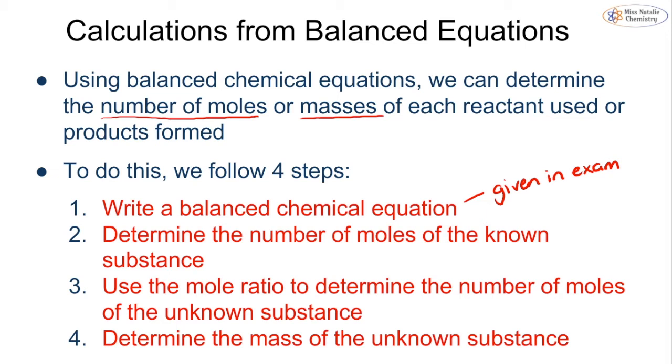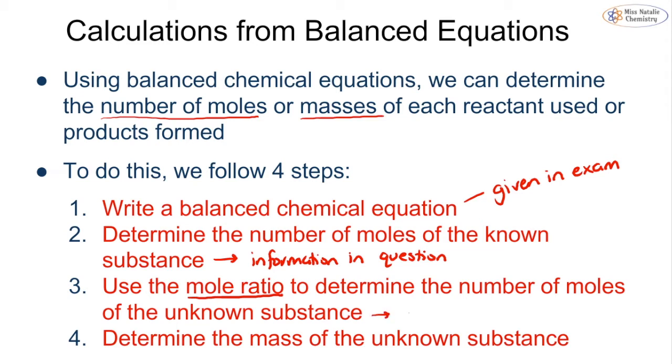So once we have our chemical equation, we then determine the number of moles of the known substance. And that means from the information that is given in the question. So in the question, we will be told a mass or a moles of one of our specific substances in our equation. Then, once we know that, we use a mole ratio to determine the number of moles of the unknown substance.